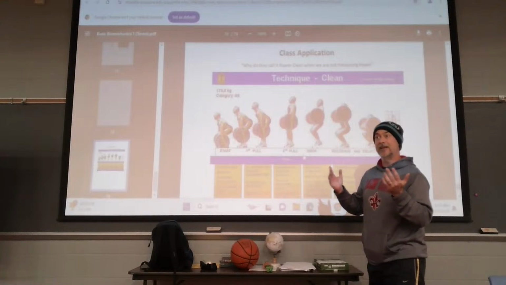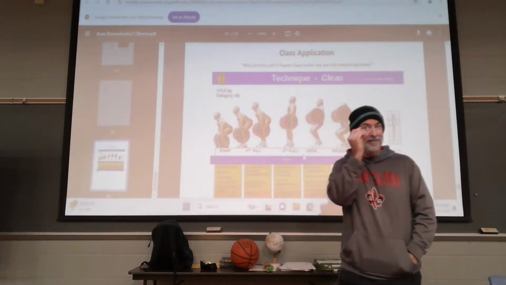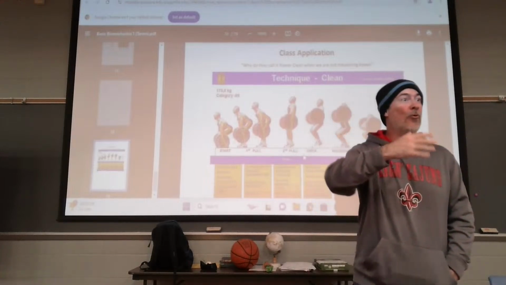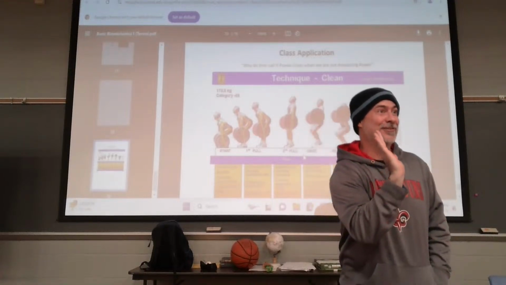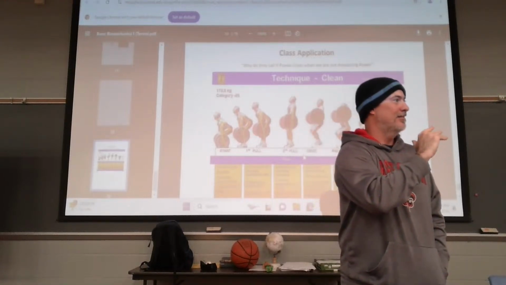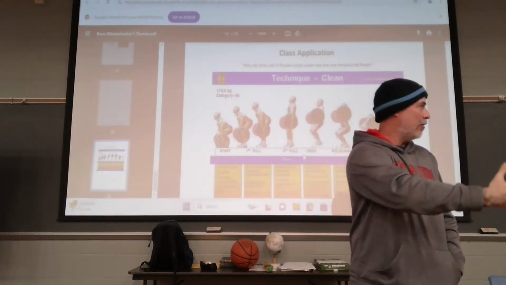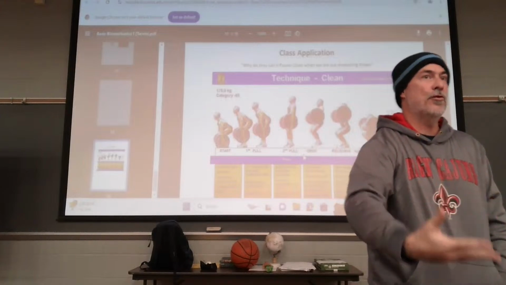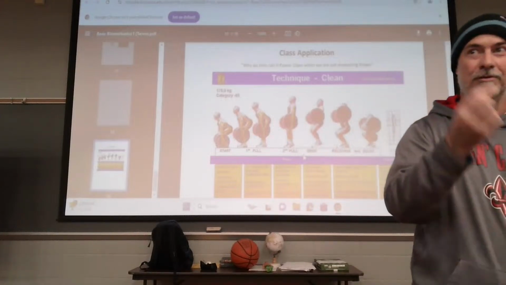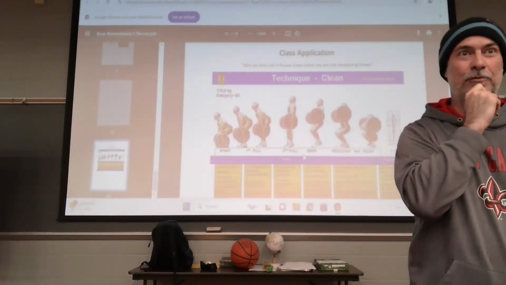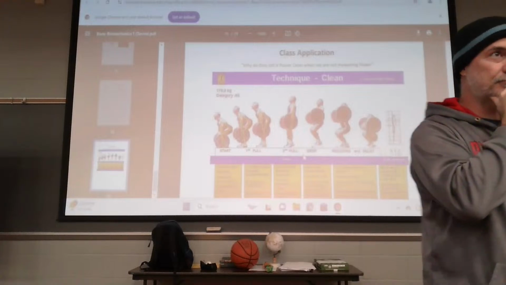You know what I mean? There is a window of time in order to catch yourself under the bar. So the power is kind of inferred through that window of time, okay?